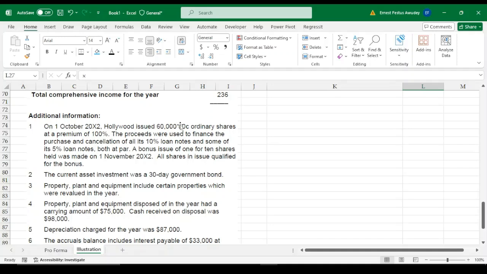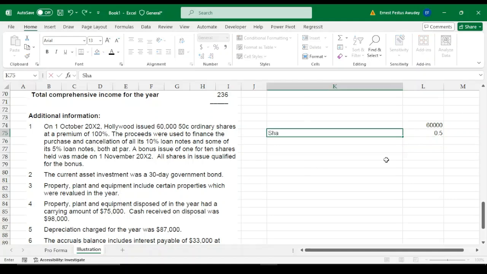We have been told that we have issued 60,000 shares at the beginning of the period at $0.5, or 50 cents. But this is the share price, and this has been issued at a premium of 100%. Listen to me very carefully.